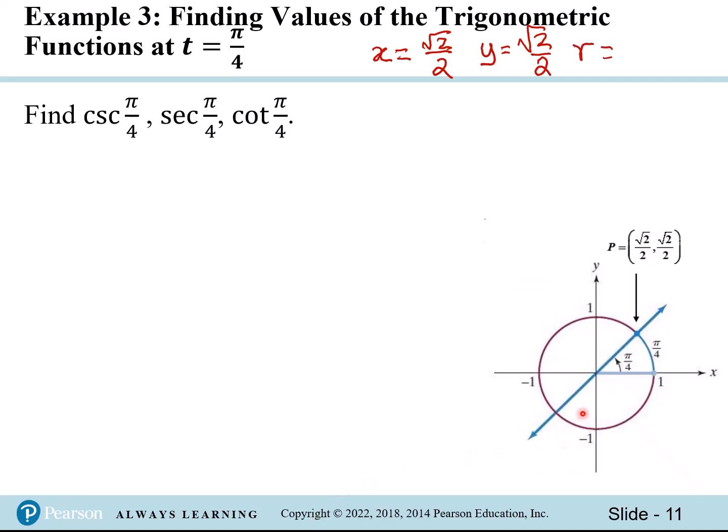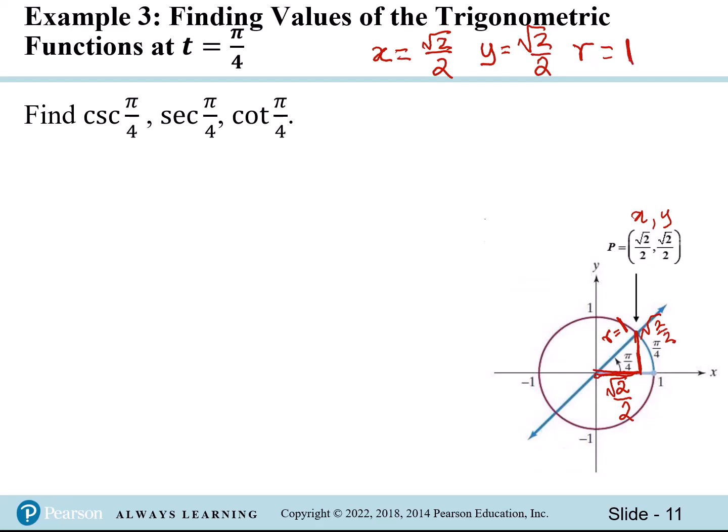So from point P, I'm going to drop this line vertically to the x-axis, and that length measures square root of 2 divided by 2, and then this x, the distance along the x-axis, which will represent the x coordinate, is also of the same measure, square root of 2 divided by 2, and r, which is the hypotenuse of this right triangle figure, is 1. Correct?